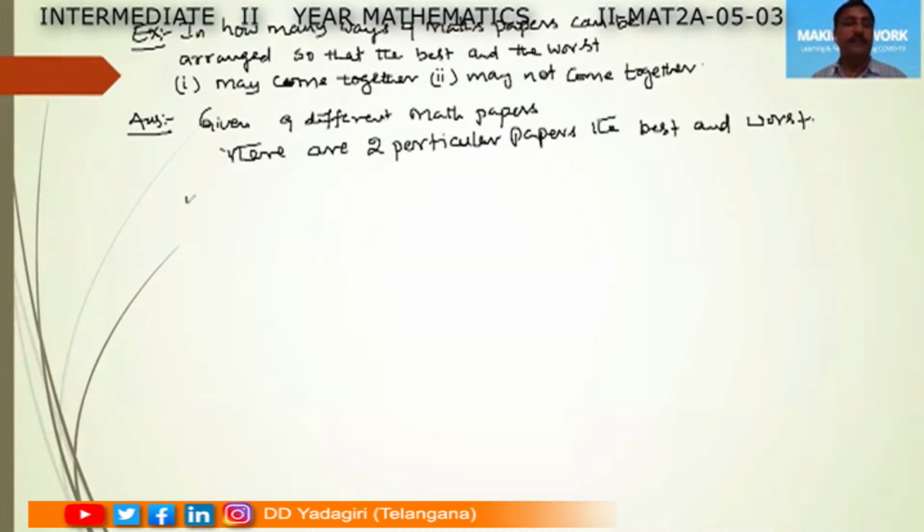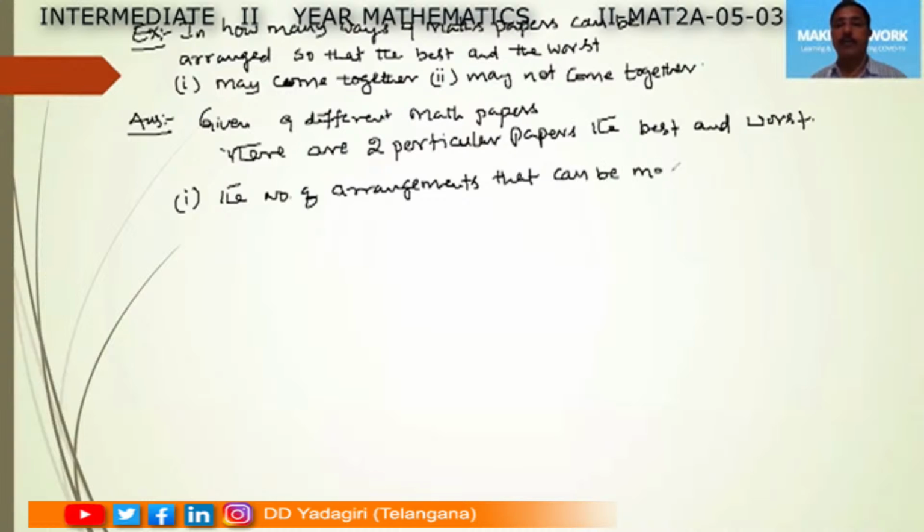So here the first condition is the two particular papers come together. The number of arrangements, means permutations that can be made from 9 different things.